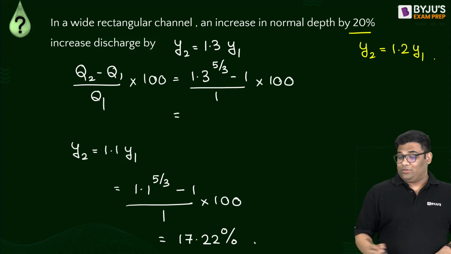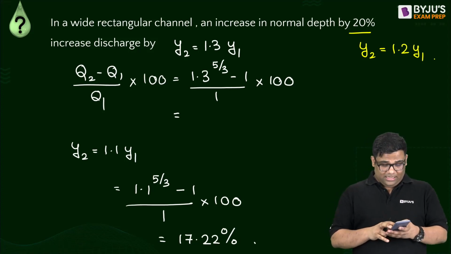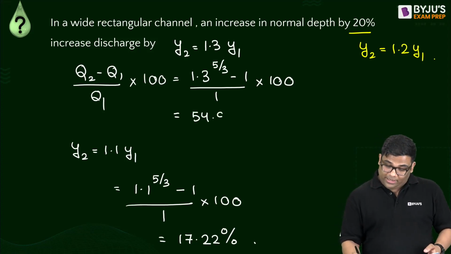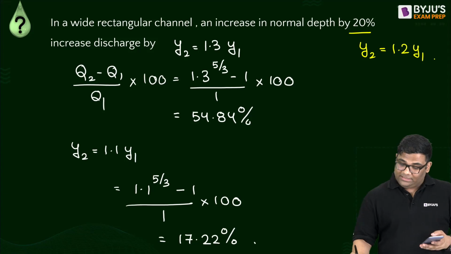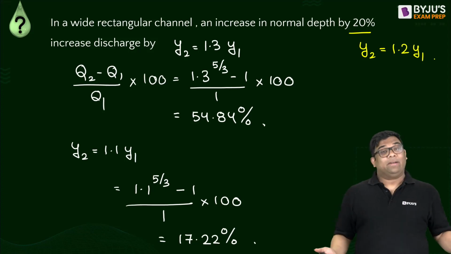You can see that you can solve this question very fast if you are understanding the method very nicely. Here it increases by 54.84%. I'll just recheck this value. 1.3 to the power 5 by 3. Yes, I am getting this percent.